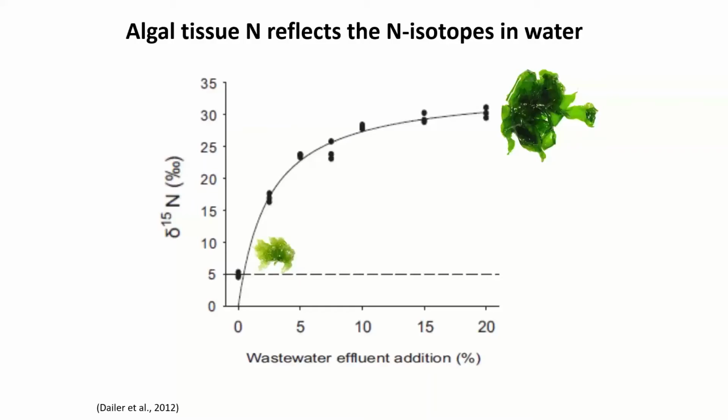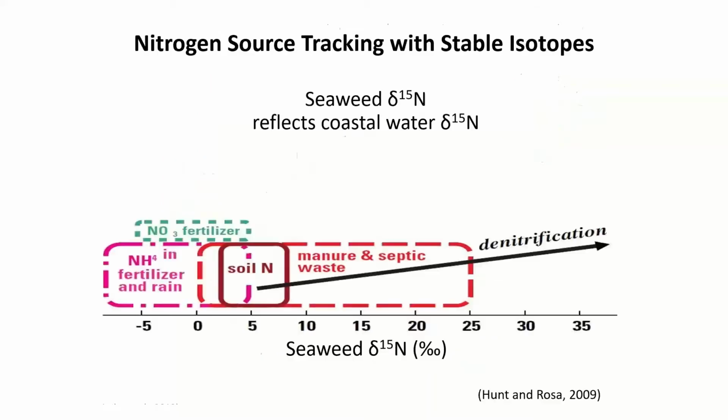In this case, this was wastewater from a facility in Maui, and with just between 10 and 15% wastewater in that beaker, we find that this alga is reflecting the isotopic signature of the source, which was between 25 and 30.